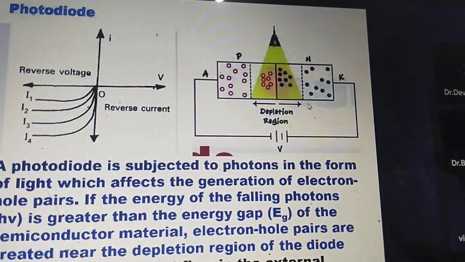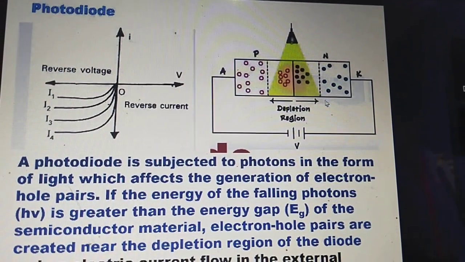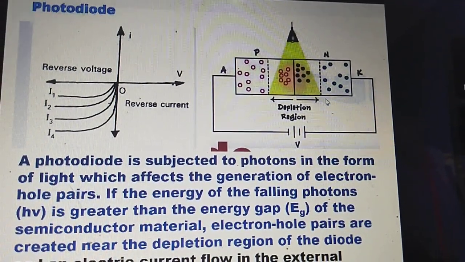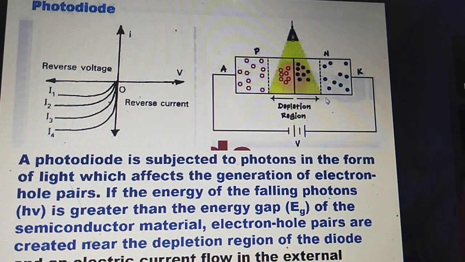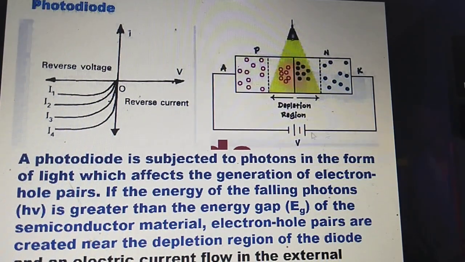And we also say it's an intensity detector, meaning it can detect the intensity of the light that falls on it. A photodiode works in reverse biasing. A photodiode is subjected to photons in the form of light.